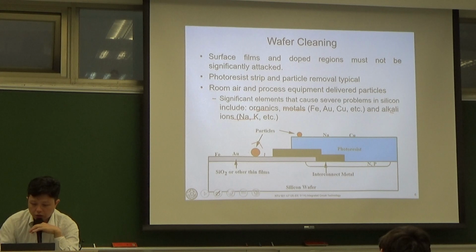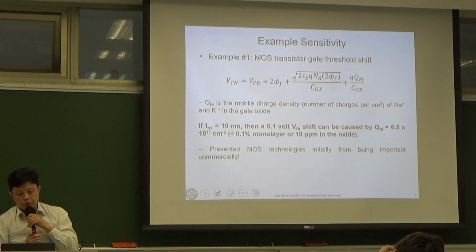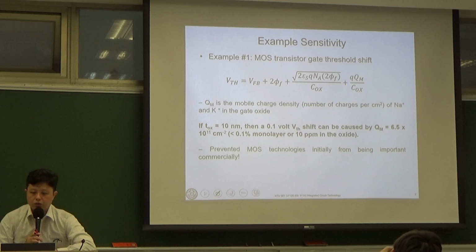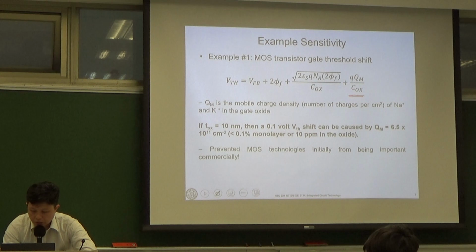So we can use some solution-based cleaning process to do this. Okay, and the importance of this defect is that it will cause your transistor to vary their threshold voltage. And this is a threshold voltage equation, and we have some mobile charge density here, which are caused by these alkali ions.